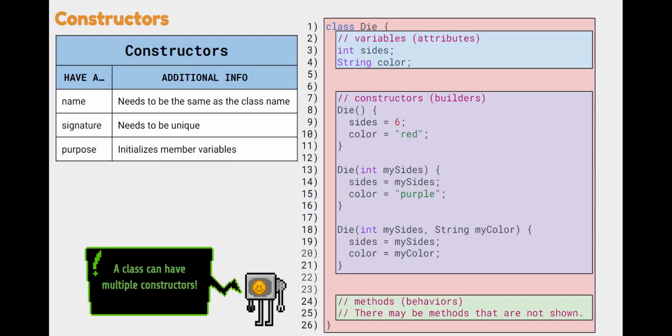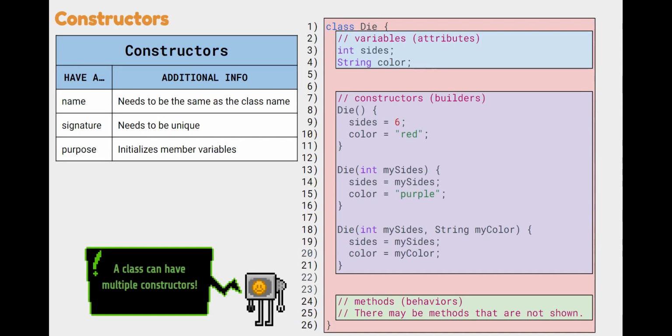So here's that definition for that die class. You can see we added that third constructor in the constructor section. So we have 3 different constructors to choose from. So a class can have multiple constructors. Every constructor needs to have a name, and that name needs to be the same as the class. So they all have the same name, Die with a capital D, just like the class name on line 1.